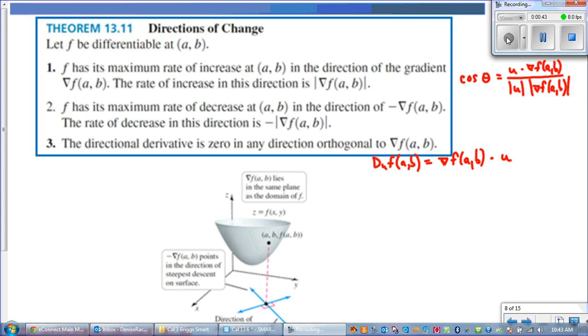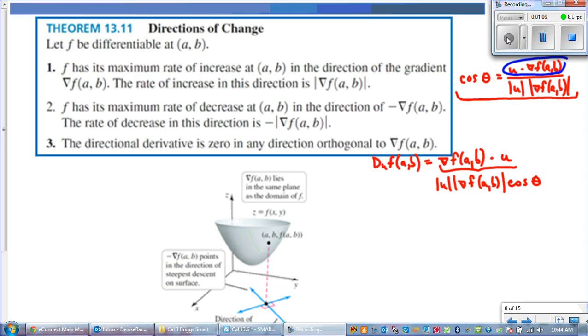So I'm going to take this equation and solve it for this dot product. So I'll have that this is equal to the magnitude of u times the magnitude of the gradient at (a, b) times cosine of the angle between them.